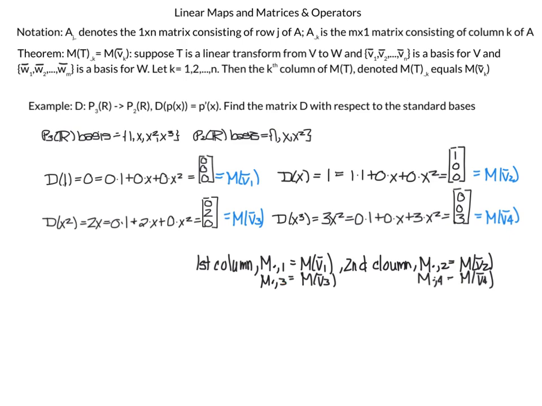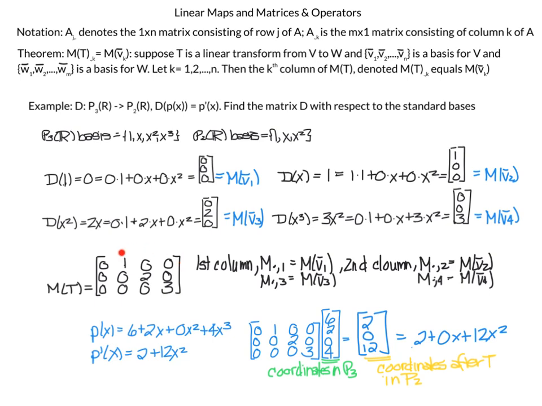The third column is the transformation on our third vector. And the fourth column is the transformation on our fourth vector. And that gives us this matrix here. So we take this column, 0, 0, 0, this column, 1, 0, 0, this column, 0, 2, 0, and our last column, 0, 0, 3. This is our matrix that represents this derivative transformation.